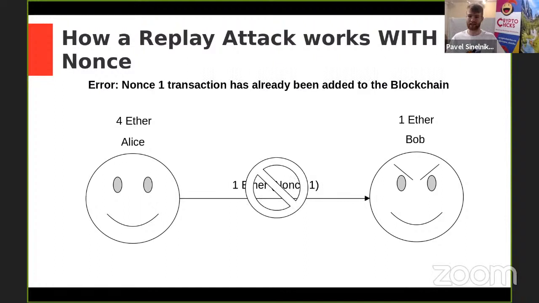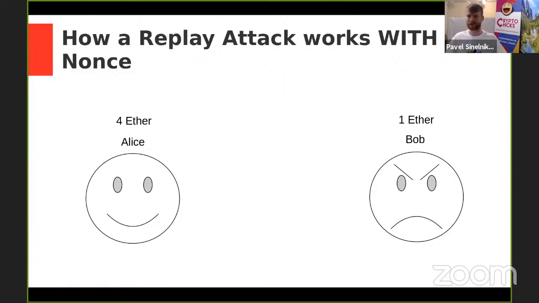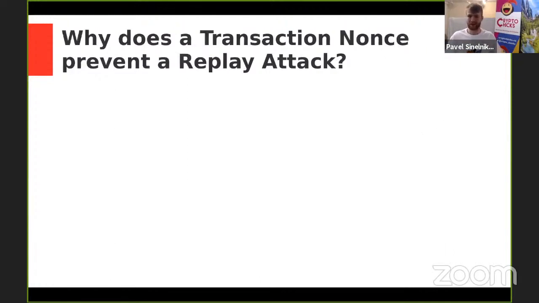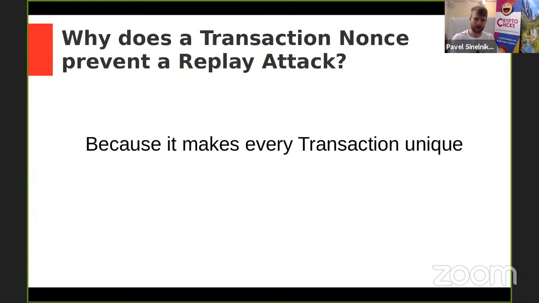The Ethereum network detects this and says nonce 1 transaction has already been added into the blockchain and disallows any additional transactions of the same type. And Bob is rightfully unhappy. So this is how a nonce prevents a replay attack. Why does it prevent a replay attack? Because it makes every transaction unique.